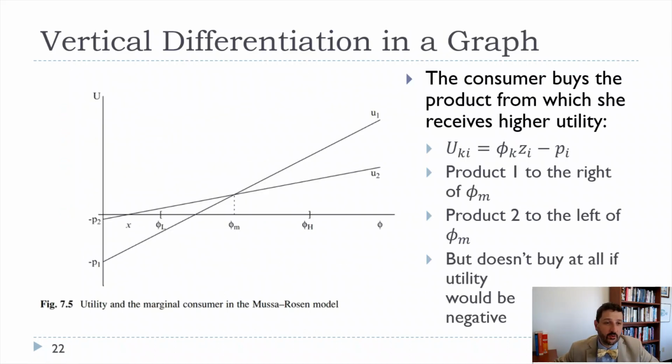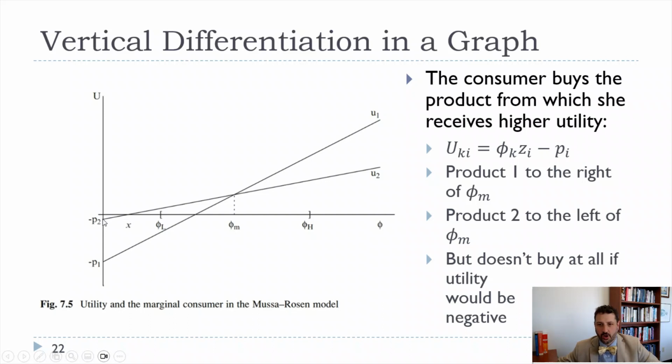And so if we graph this, right, I think the graph is really the most intuitive thing. So here we have the utility of buying, right? And if somebody doesn't care about quality at all, right, then they just get some utility theta times Z, so Z1 is higher than Z2, minus the price that they have to pay.